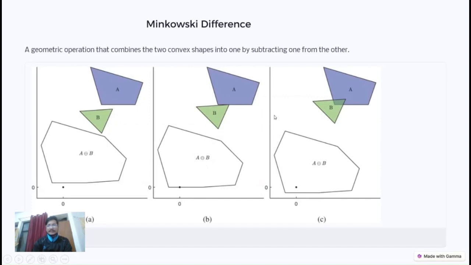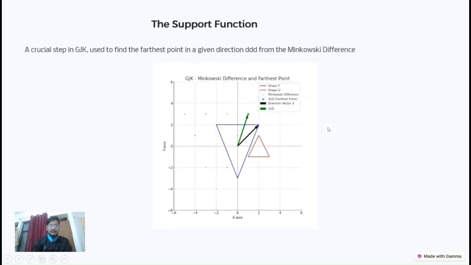Now we will see the Minkowski difference, which is this highlighted part. If the origin comes in between, the concept of the origin is basically that if the points' difference becomes zero, both are colliding. So let us first see what a support function is. The support function is used to find the furthest point of the shape.